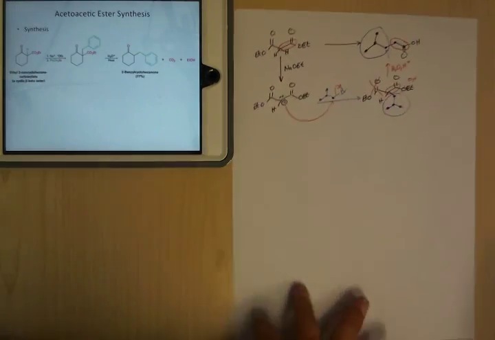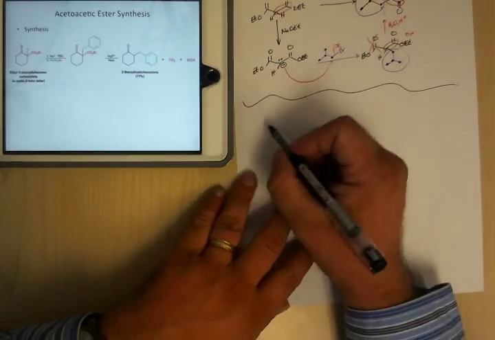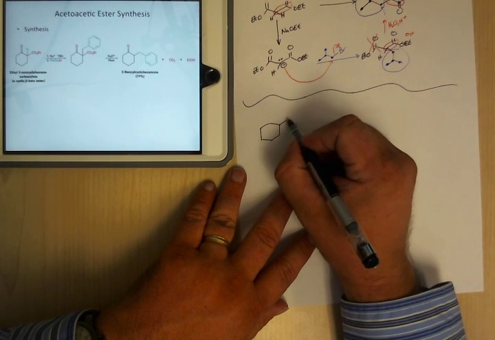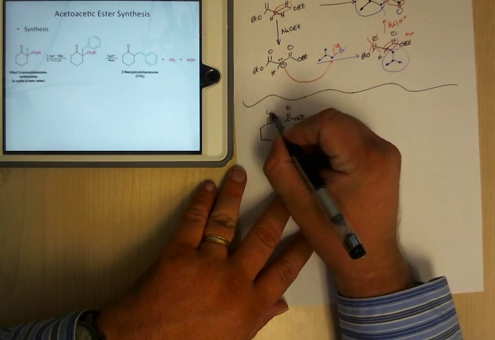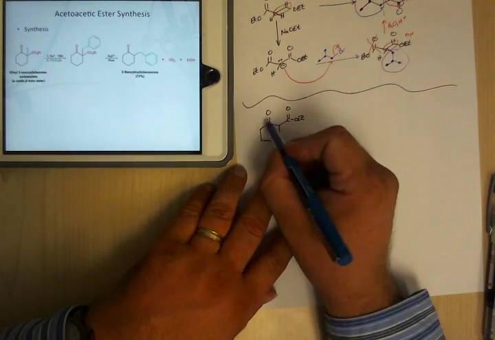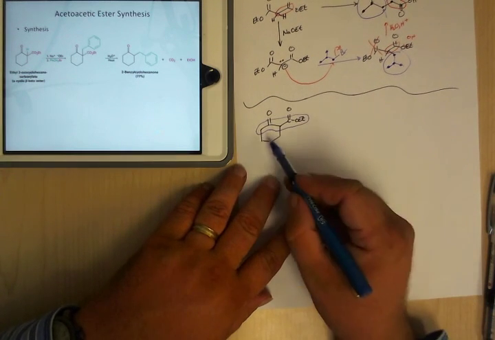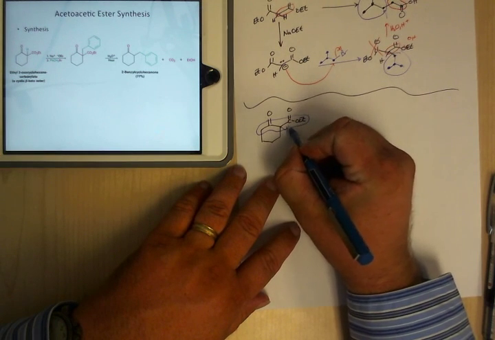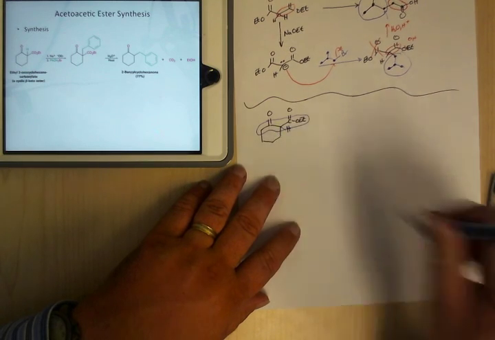Now, this is a little tricky, but really it's the same thing. Here, that's the acetoacetate. It just so happens that these carbons have a couple extra groups on them. But again, there's an extra hydrogen right there, an acidic hydrogen, because it's between two C double bond O's.